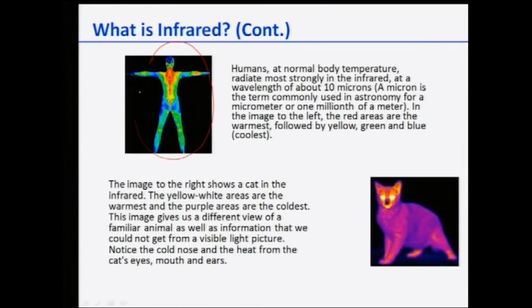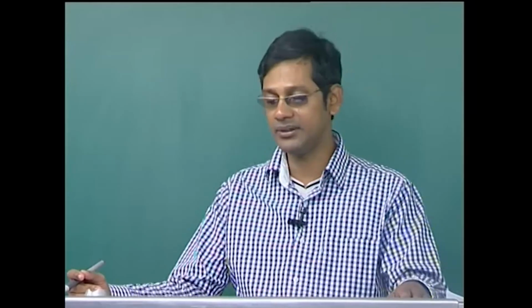On the right, the picture shows a night image of a cat using infrared radiation. Yellow-white areas are the warmest, so the eyes show very high radiation, and the purple regions are the coldest. These kinds of imaging techniques are widely used for night photography, and sometimes for other purposes too.